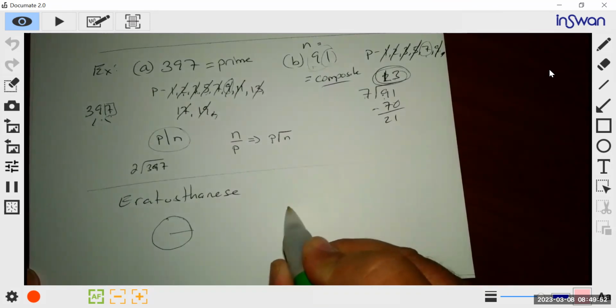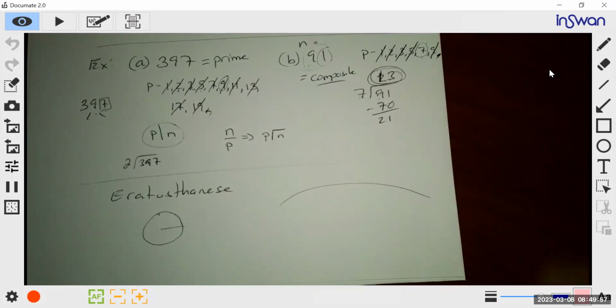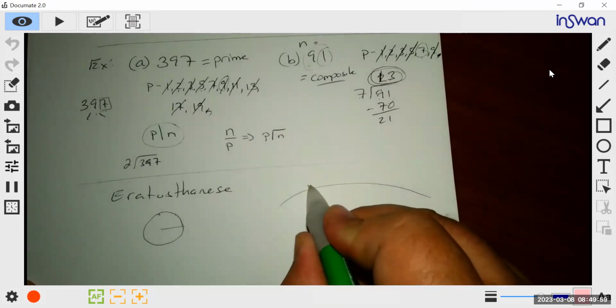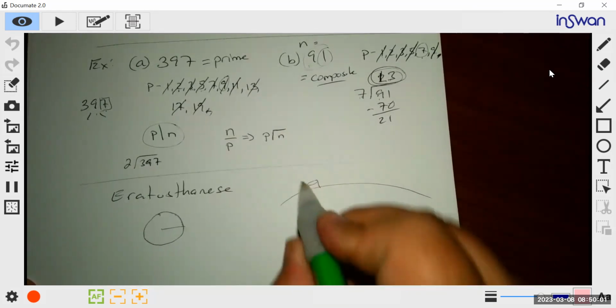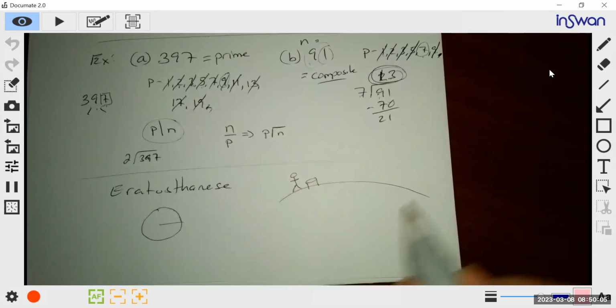In Egypt, in the town called Alexandria, Eratosthenes noticed that at one well where he was standing, one day each year, the sun is directly above you. That happens at the vernal and autumnal equinox, when the days and nights are of equal length.